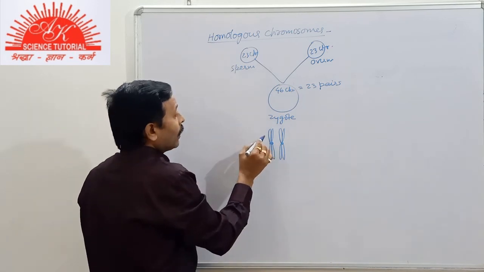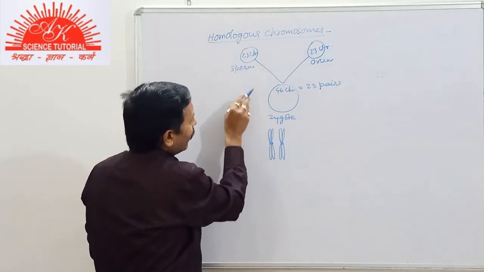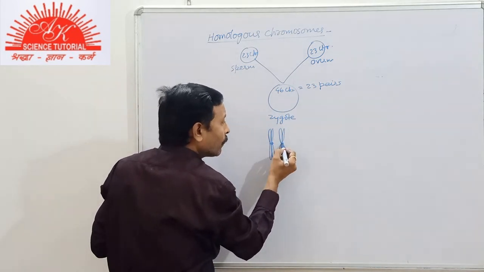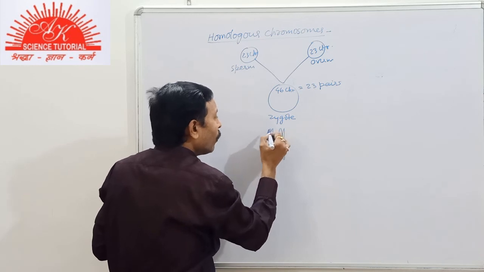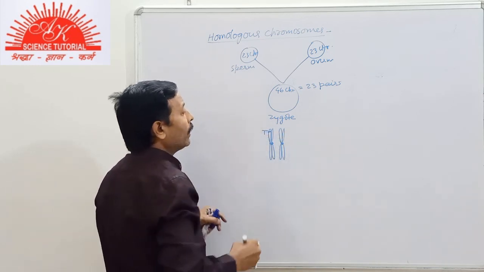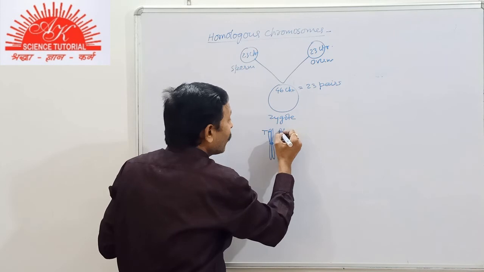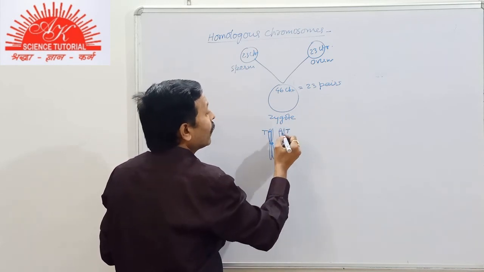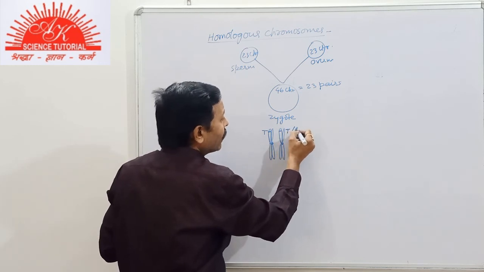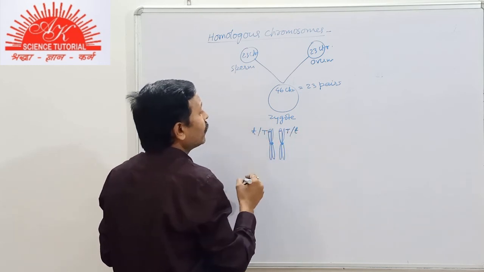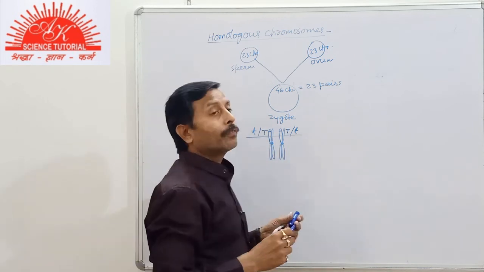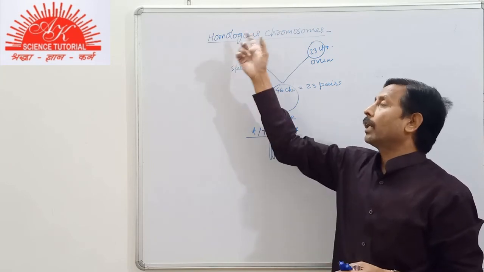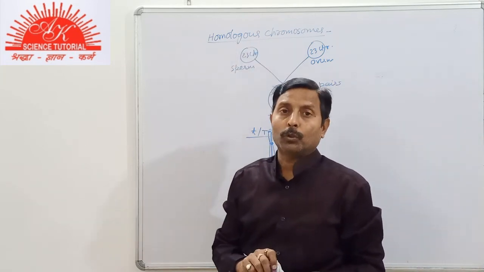Suppose this comes from the father side, this comes from the mother side. They have the same position of centromere, and if on this chromosome the gene for length is located, then at the same position on the mother's chromosome there must be the gene for the length character, that may be capital T or small t. The position of the gene for a particular character is the same. So such a pair of chromosomes is known as a homologous pair of chromosomes.